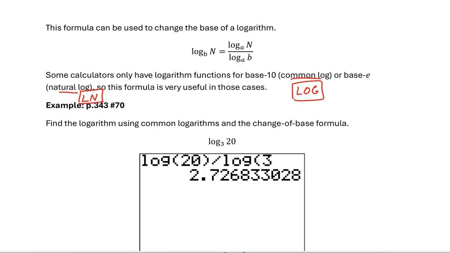This formula says that if you have a log of some base number, and you want to calculate what that is with a number N, notice I'm using a big N here, you can do log of a different base.